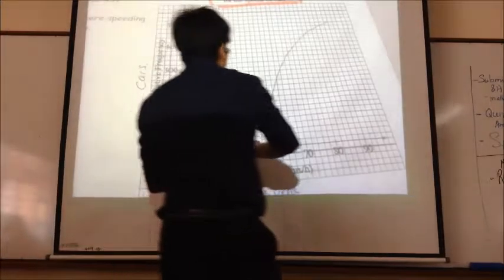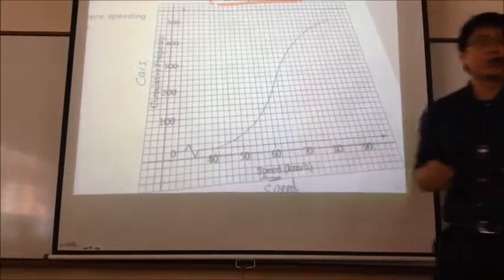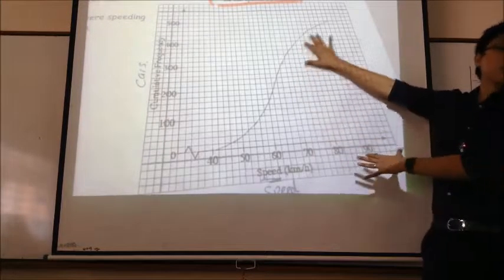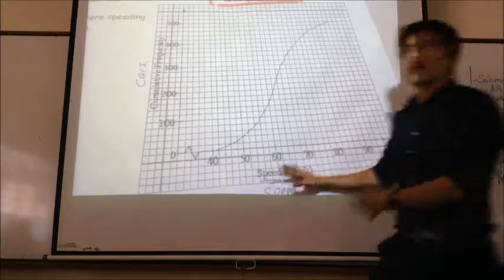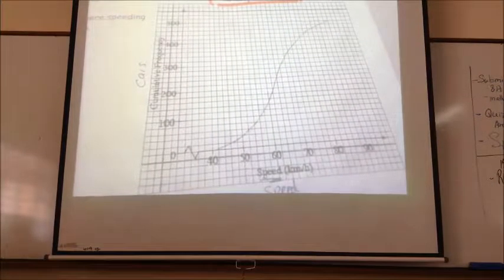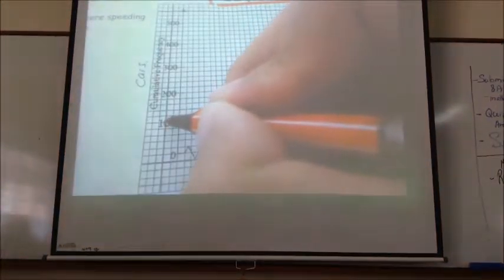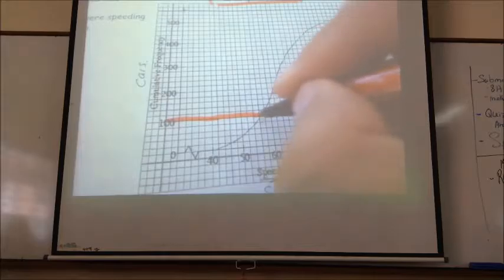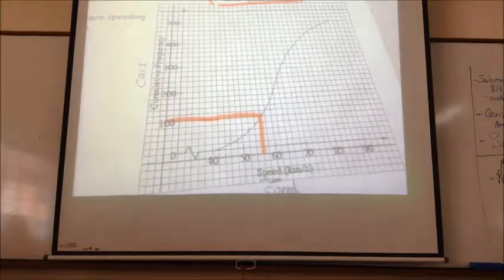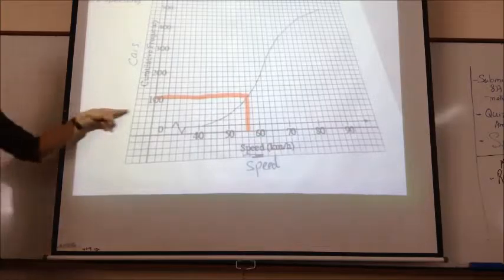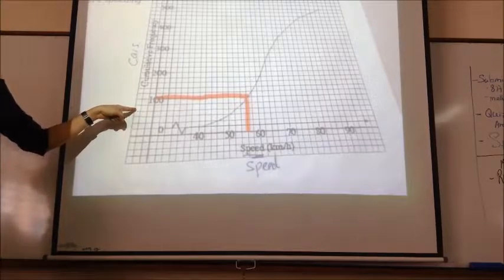Okay, next one. Now, how do you read this graph? I'm going to do it very slowly, and all of you must listen first. Don't care how to answer first. Listen first. Let's start with 100. Can you underline 100? 100 means what? 100 kilometer or 100 cars? 100 cars.